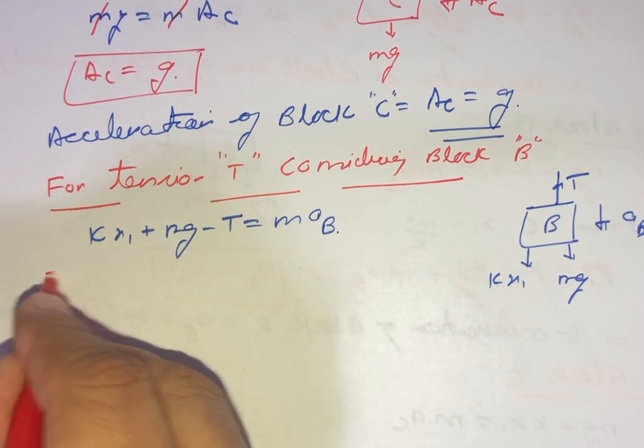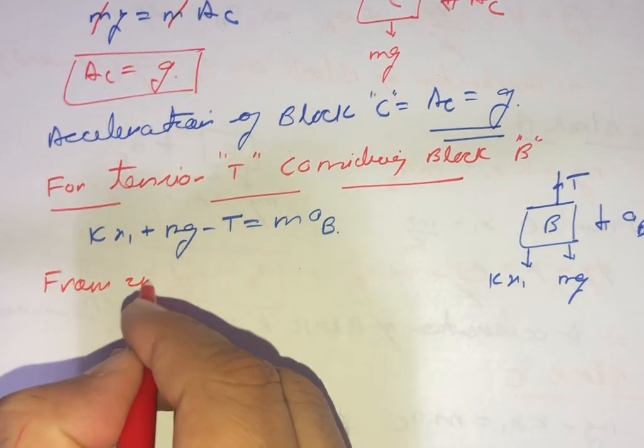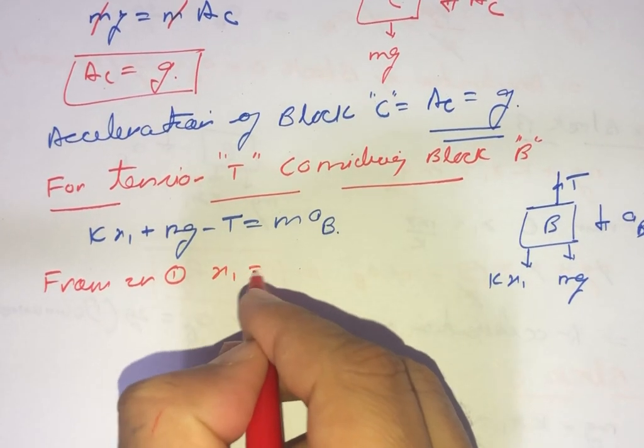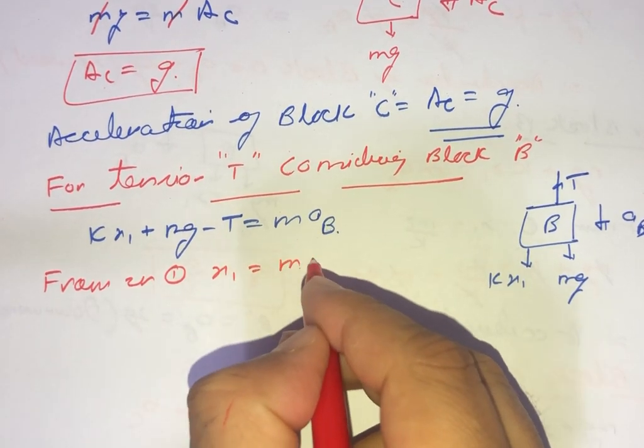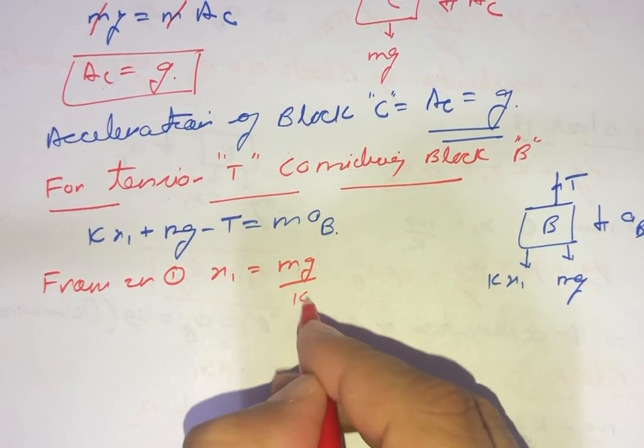From equation 1, x1 is equal to mg divided by k.